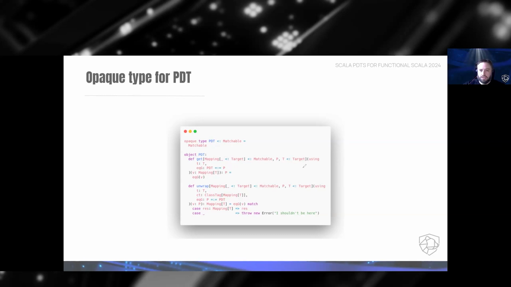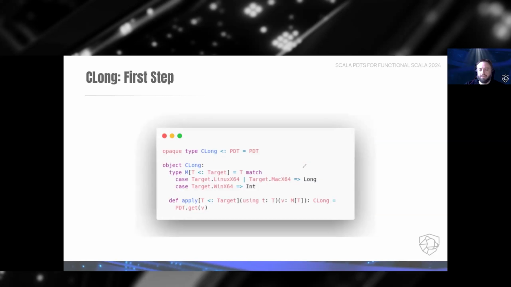This way, when you're defining a PDT, you can use these methods, but you can't use them anywhere else in your code. So as an example of how you would define a PDT using all of these three techniques, here's a simple implementation of CLong. It's an opaque type that is a subtype of PDT and backed by PDT at runtime. We have the type mapping M here, where on Linux and Mac it's resolved to a long, otherwise it resolves to an int.